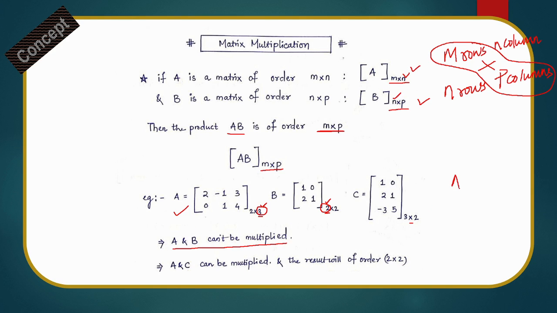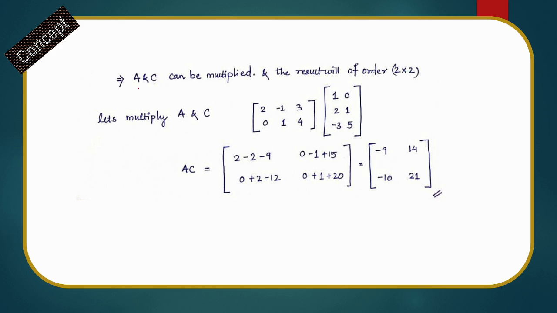A has order 2 cross 3 and C has order 3 cross 2. So A has 3 columns and C has 3 rows, so you can multiply them because the number of columns of A equals the number of rows of C. Finally the AC matrix will be of order 2 cross 2. This is the very fundamental concept behind matrix multiplication.